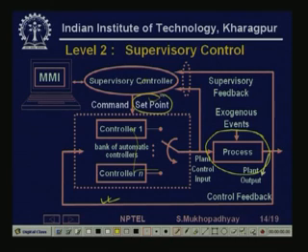It gives commands, it gives set points. That is, the automatic controller just maintains a temperature. It does not know what temperature to maintain. If it is told that you maintain 200 degree centigrade, it will do its best to maintain 200 degree. But whether to maintain 200 degree or to maintain 115 degree, that the automatic controller does not know. That information must come from the supervisory controller.